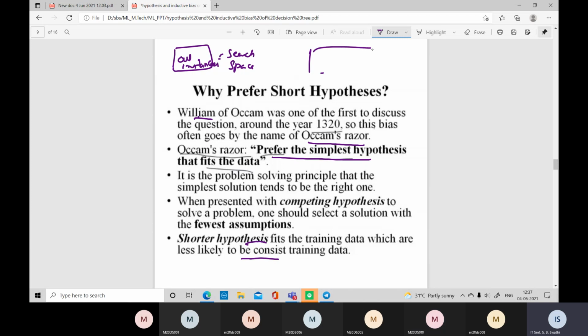Hypothesis space means which instances you are considering for generating the model. If 1,000 instances are there, you may apply some preference bias or restriction bias. You can select only a few instances and generate some model. For this, you will generate some hypothesis space, some hypothesis or conclusion.